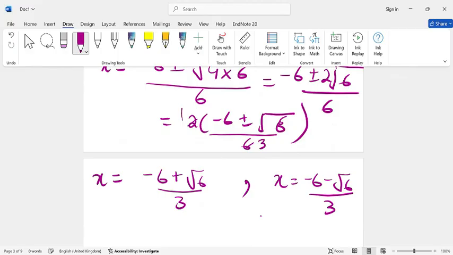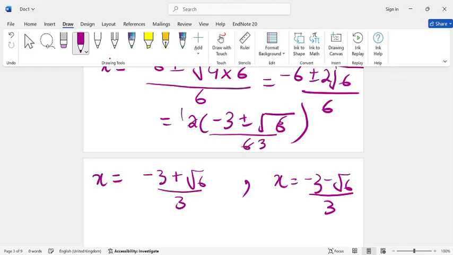Sorry, we made a little mistake, so I correct it: we have 3 over here, and over here also 3, because we take 2 common, so it becomes 3. Now we just solve these terms and we get the answer.